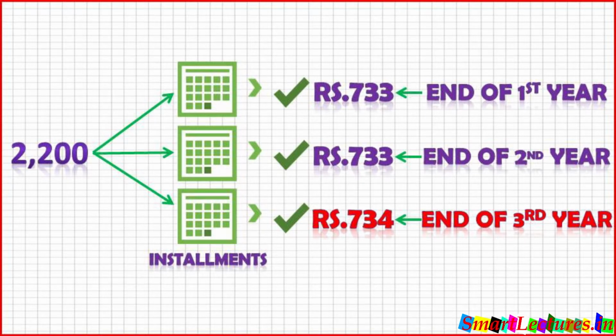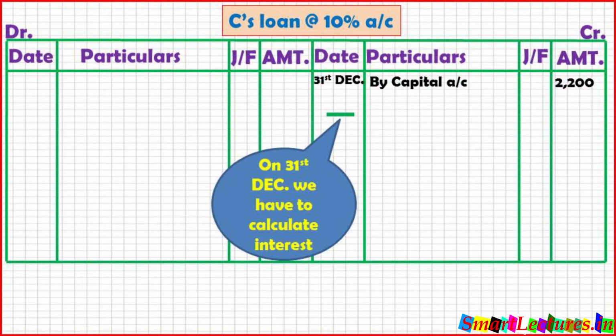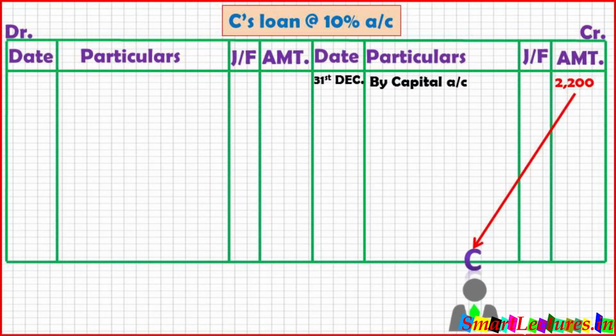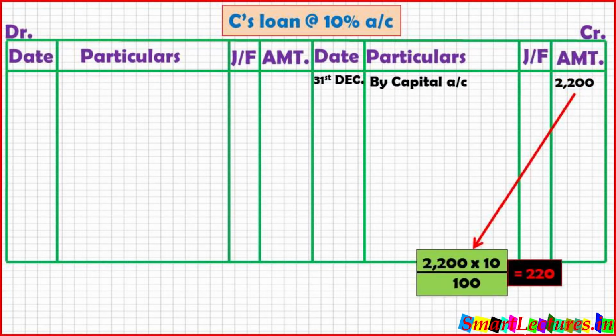So let's move to seized loan account at the rate of 10%. So by capital account 2,200, and the next year on 31st December we have to calculate interest, because we have used money of 2,200 of C, and today at the rate of 10% the interest will be 10% of 2,200, that is 220.